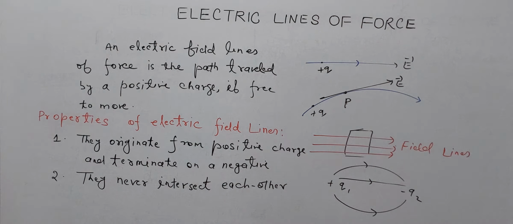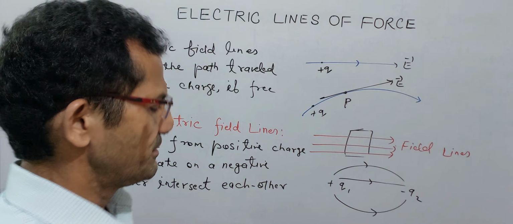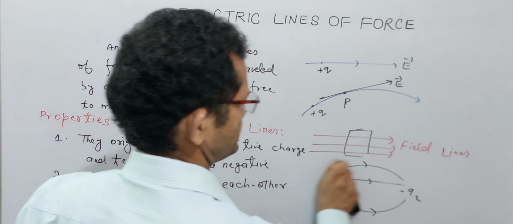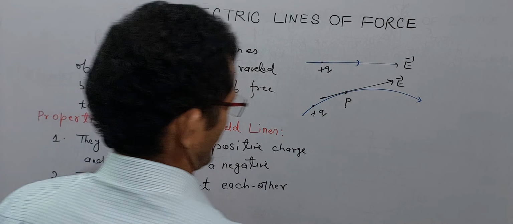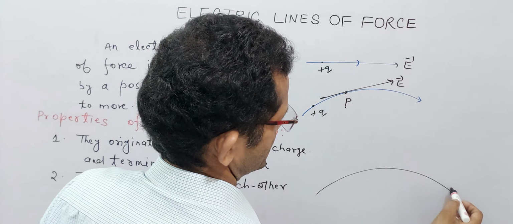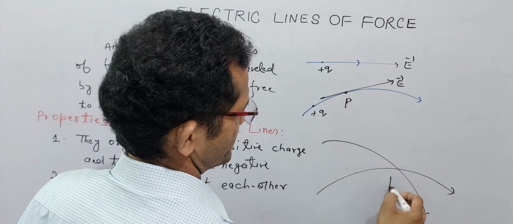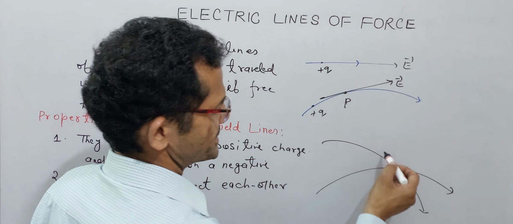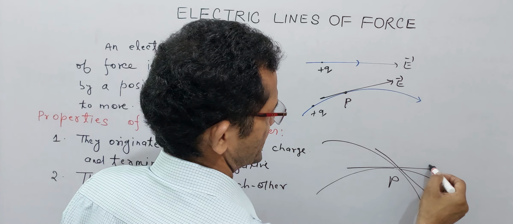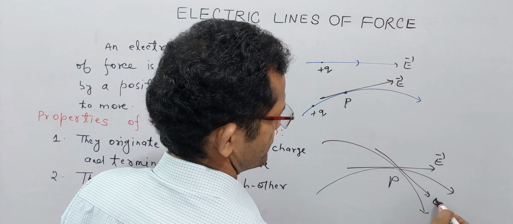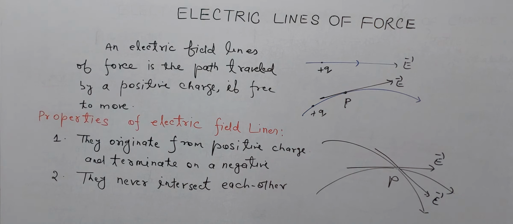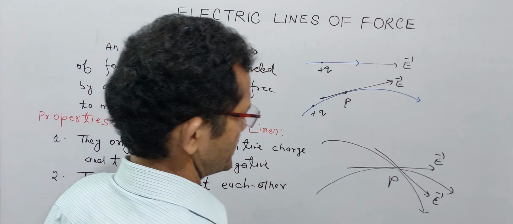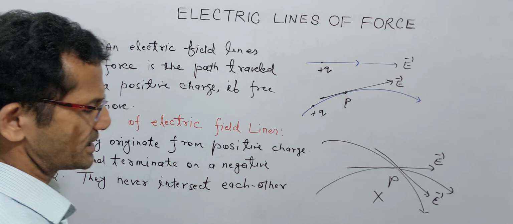Look at this point P. If these are the two field lines I have drawn here, and this is the point P, then if I find the electric field at this point, its direction should be along this one, and this is the second direction. So at the point P there would be two directions of the electric field, which is impossible. The electric field should have only one direction and one magnitude at a particular region. So it is not possible. They will not intersect each other.